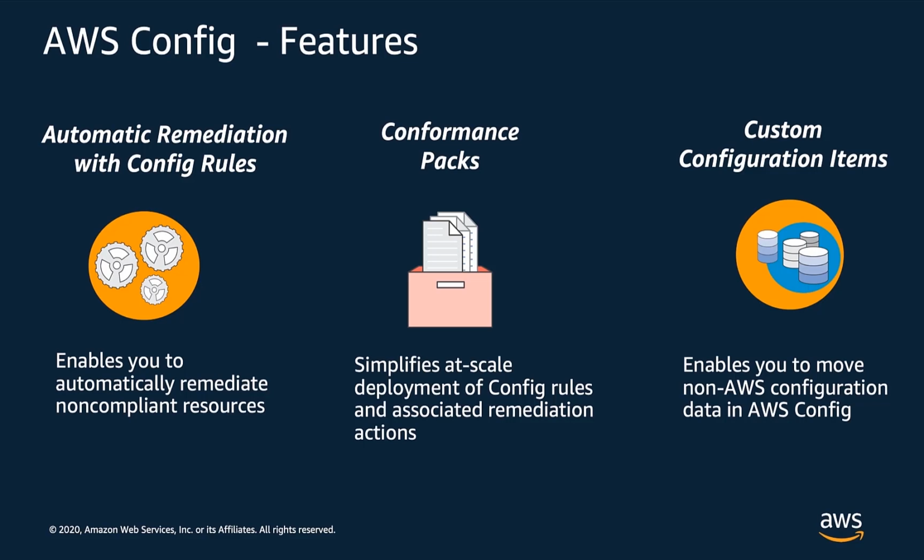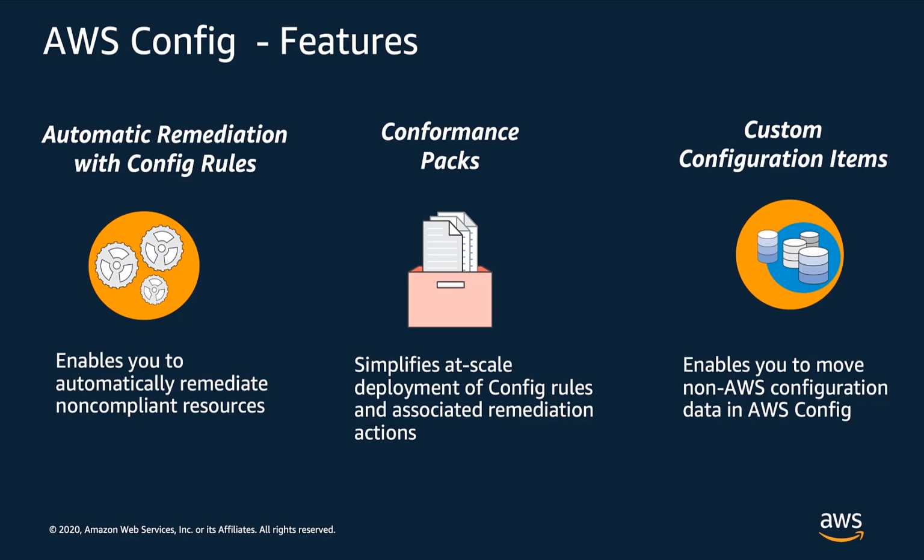Remediation can be automatic, on-demand, or manual. Either way, this feature allows you to take corrective actions once a non-compliant resource is detected. For example, if an EC2 security group is wide open to the world on port 22, you can associate a remediation action to automatically fix the security group settings.